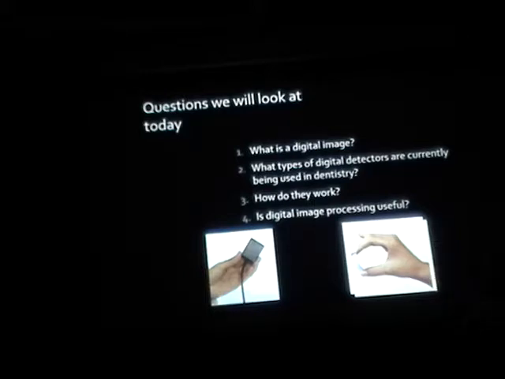That's the first thing we'll start with. What are the different types of detectors that are available in the market? We will spend very briefly on how they work. I'm not going to bombard you too much on that, but just what is the basic physics behind it. And are there any other tools that we can make use of to make the image better or not?